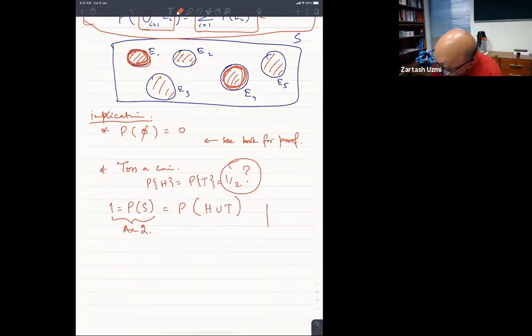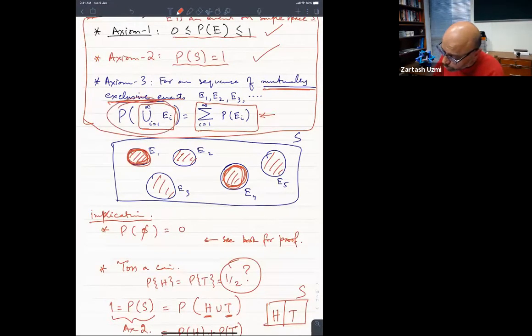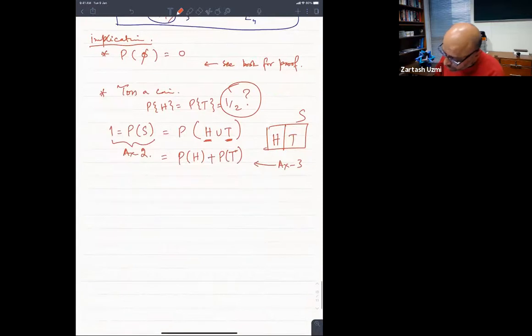Because S has only 2 outcomes: either head will come or tail will come. H and T are mutually exclusive. So using axiom 3, I can write it as P of H plus probability of tail. Axiom 3 said that if the union is of mutually exclusive events, we can write it as the sum of probabilities. That's exactly what I have done.